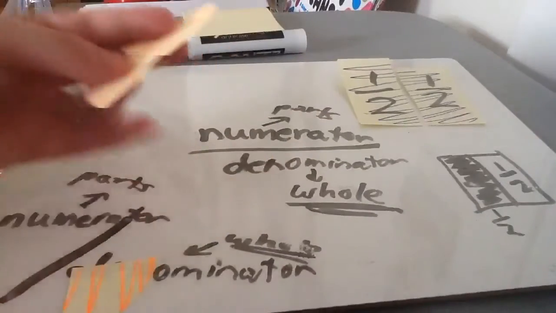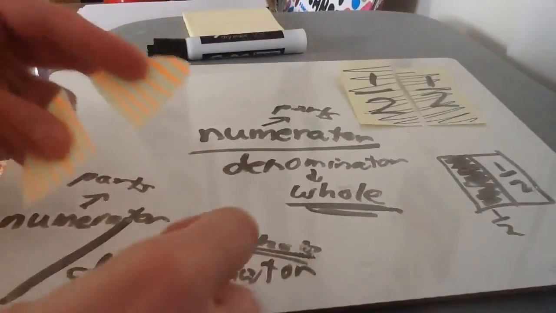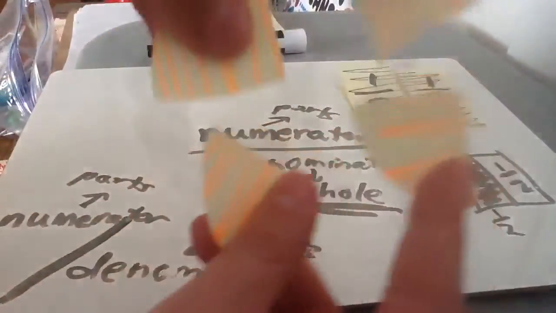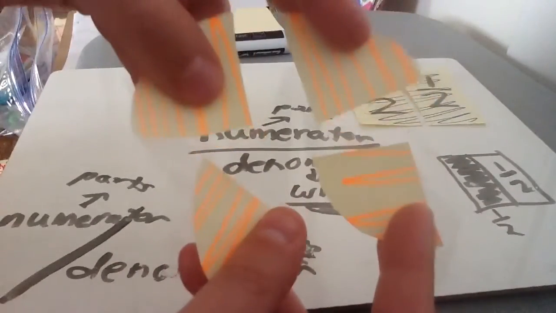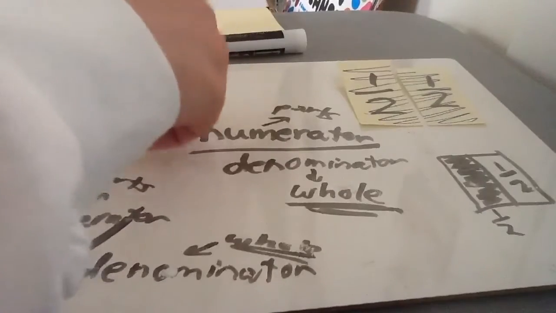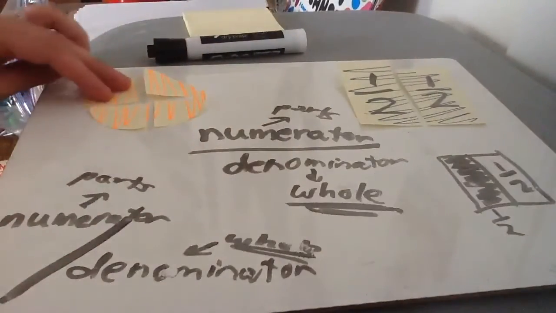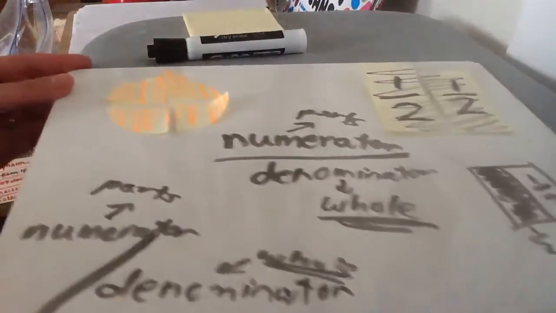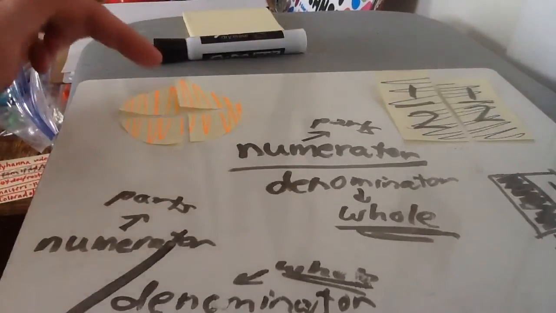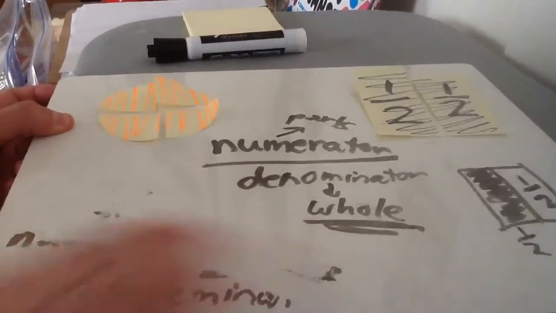And as you can see, you should be thinking, how many equal parts did Mrs. Burke create? 4. There are 4 equal parts. So you should be thinking of your denominator right now. I know my bottom number, or my denominator, is 4 because there are 4 parts in the whole.